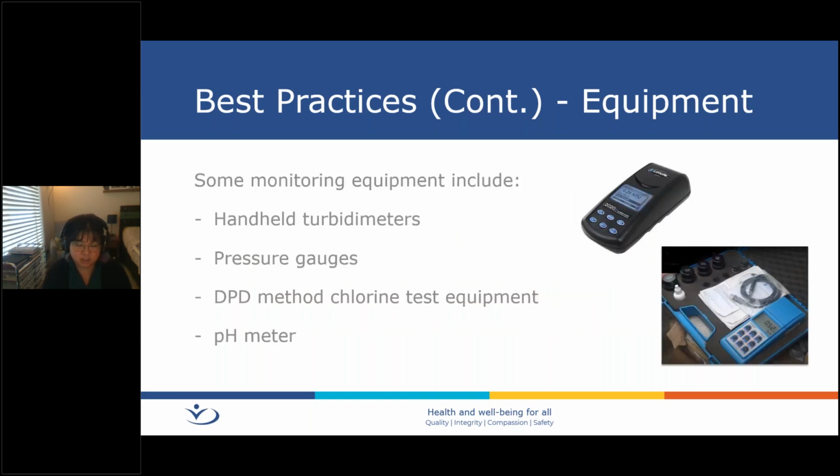And so some of the monitoring equipment can include handheld turbidity meters that test for turbidity. And usually real-time turbidity is what we're looking for. Pressure gauges that will check for pressure differential for filtration units. DPD method chlorine test equipment that tests for total and free chlorine. Also, a pH meter may be required.